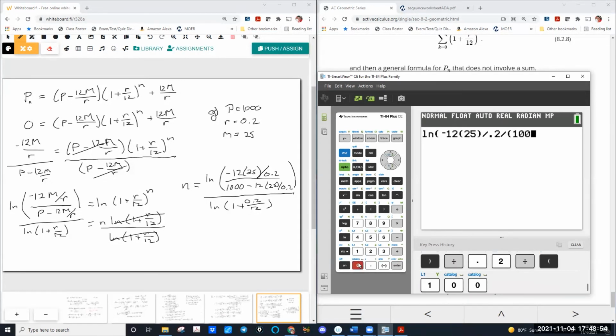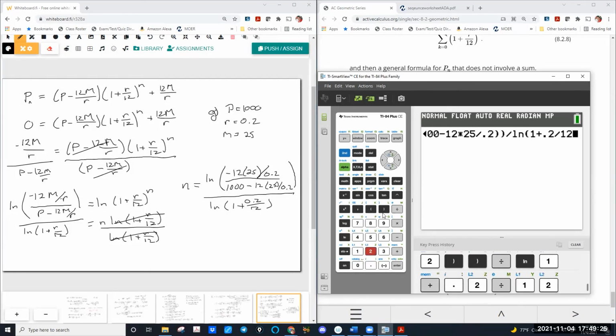I guess we got a couple denominators. 1,000 minus 12 times 25 divided by 0.2. Okay. Now that is our first natural log divided by natural log of, this one isn't quite as bad, 1 plus 0.2 divided by 12.